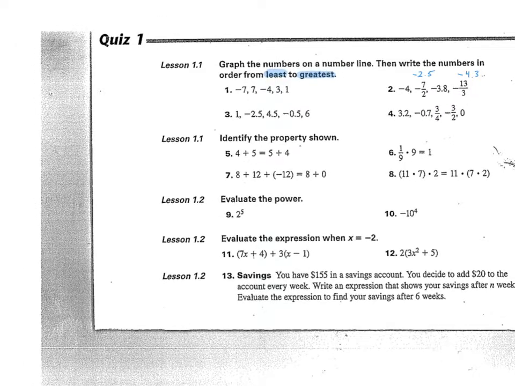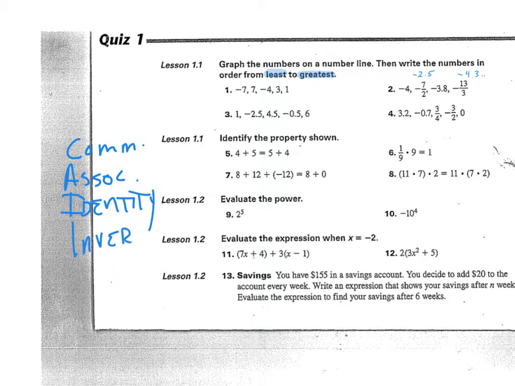Your 4 choices are commutative property, associative property, identity, like you see the exact same thing in the mirror, and inverse property. Those are your 4 choices for these 4 problems.